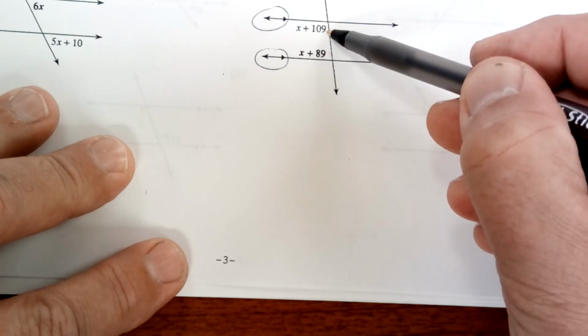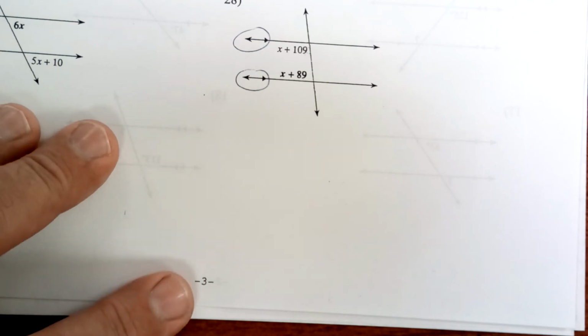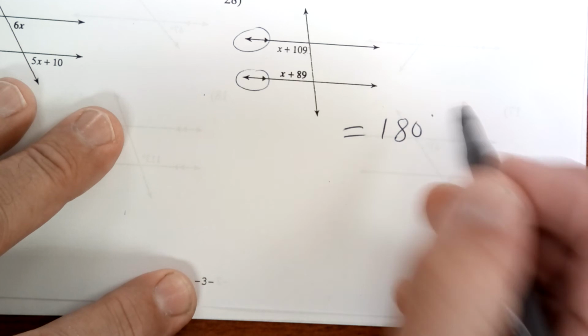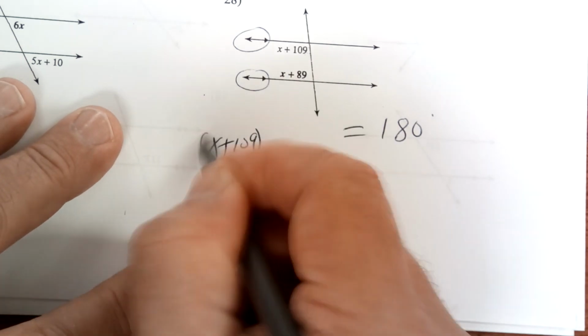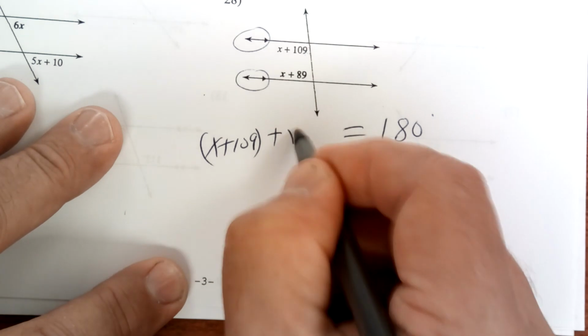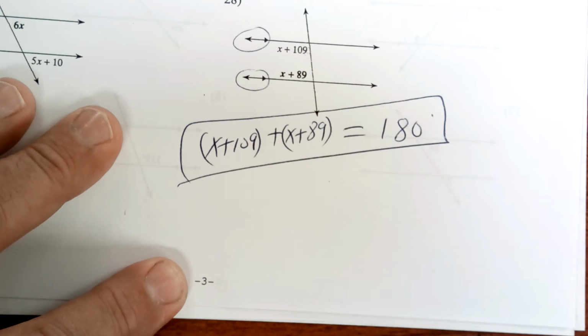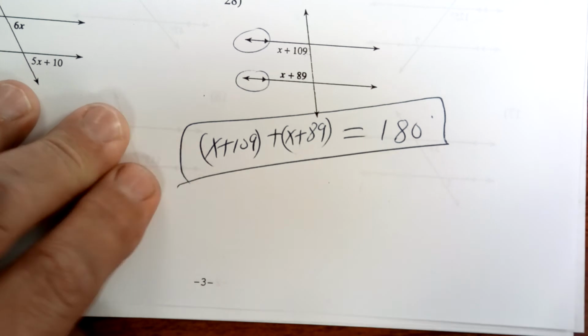Those 2 are actually same side interior, and so they're supplementary, so they add up to 180. So remember, anything with SS, so it's going to be x plus 109 plus x plus 89 is equal to 180. There's the equation. You're going to add up your x's, 2x, you're going to add this up, and then you're going to subtract and divide. That's how you do it.